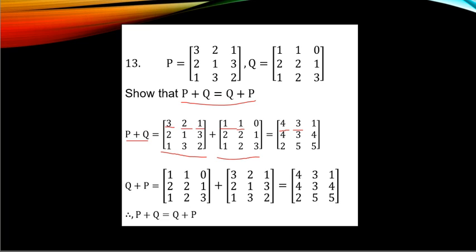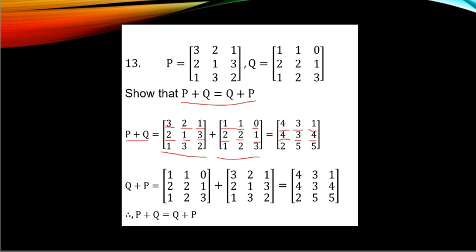Then 1 plus 0, that is 1. You go to the second row, where you have the first entry, 2 plus 2 is 4. The second entry now, 1 plus 2 is 3. Then you have 3 plus 1, you have 4.